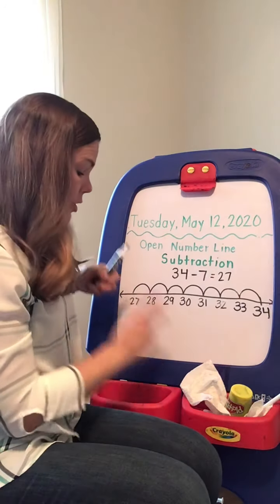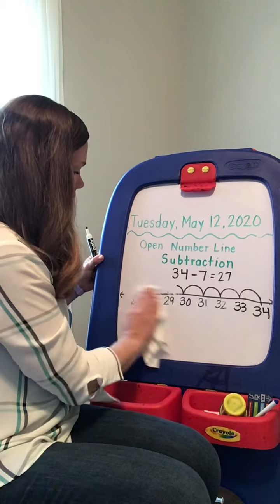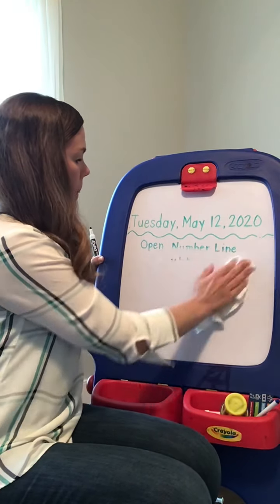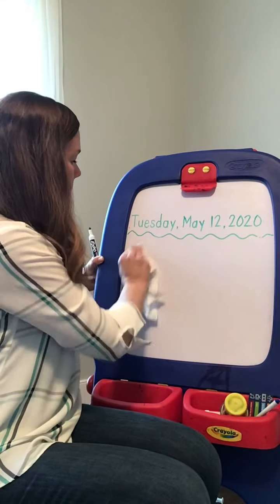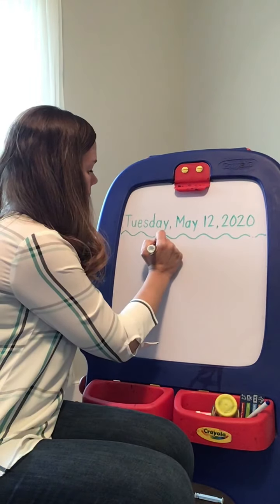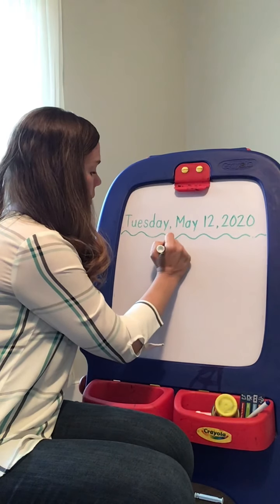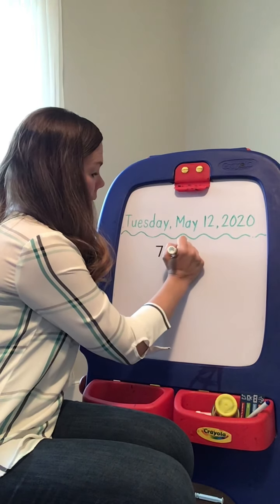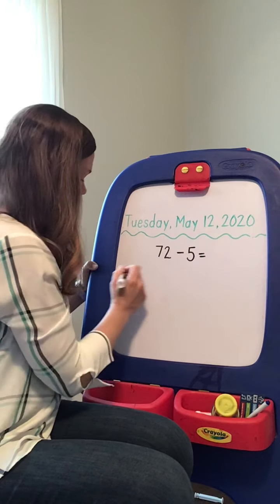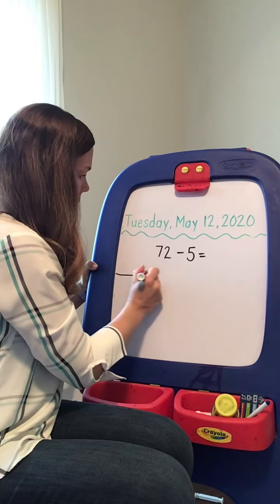All right, let's try another one together. So let's say I have 72 minus 5. All right, let's draw our open number line.